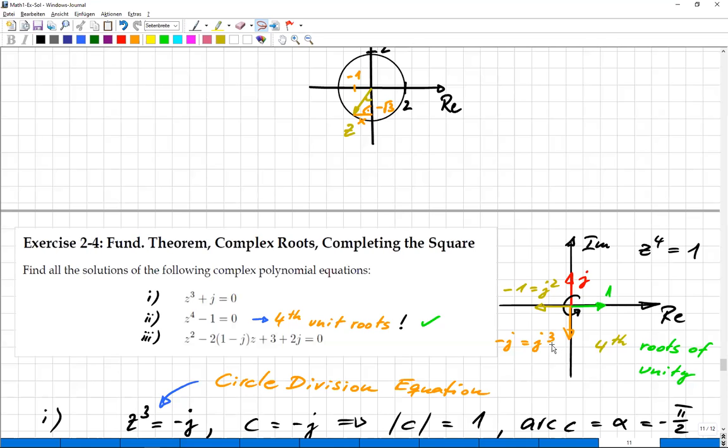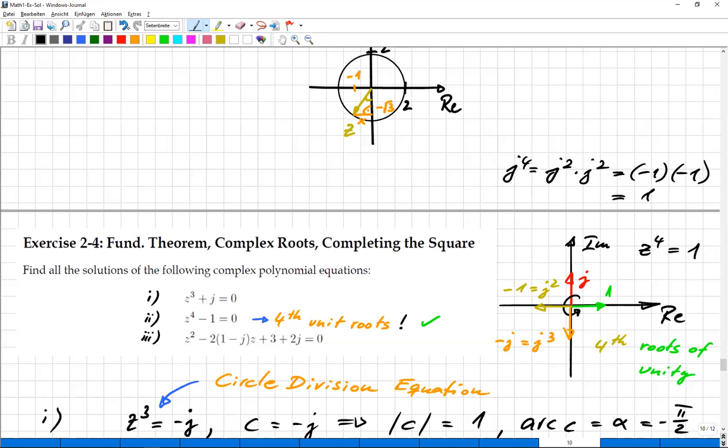And also j to the power of 4, then of course, is 1 again. Which can also be written as j squared times j squared. So it's minus 1 times minus 1. And this is all very consistent. That's the point about complex numbers. So you get consistent results.